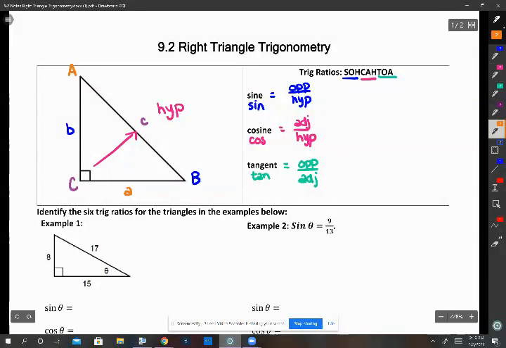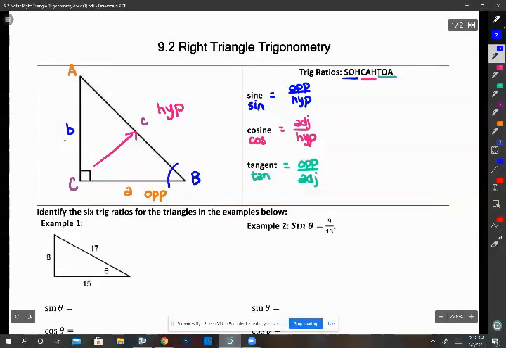So if I'm doing angle A, then across from it makes the opposite side. And that makes the other side be adjacent, if angle A is the one that's marked. All right, and so if I chose to do angle B, then what happens is hypotenuse still stays hypotenuse, but the angle B is going to change things.